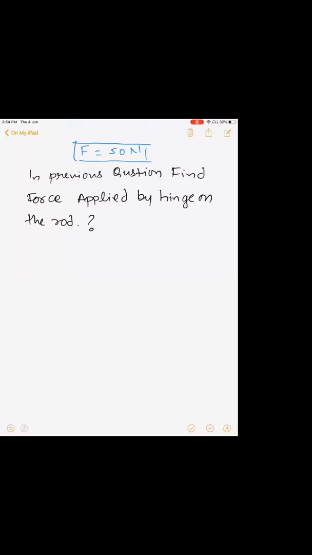It is hinged from this point. A force F is acting at an angle of 30 degrees like this. Recently we got the value of F. This will be F sin 30 and this will be F cos 30. Downward, how much? 50 Newton.